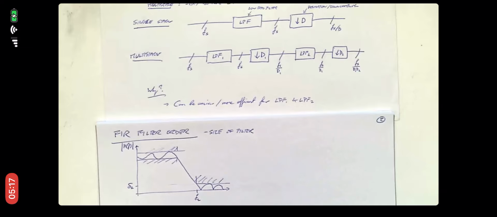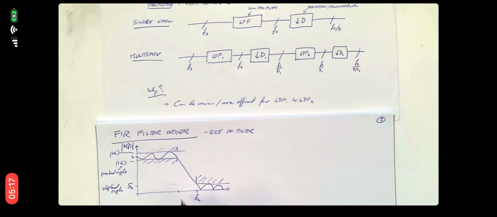In terms of our magnitude response here, we've got a magnitude response of 1 in the middle with a 1 minus delta 1 and 1 plus delta 1. So delta 1 is our ripple in the pass band. Delta 2 is our stop band ripple here.